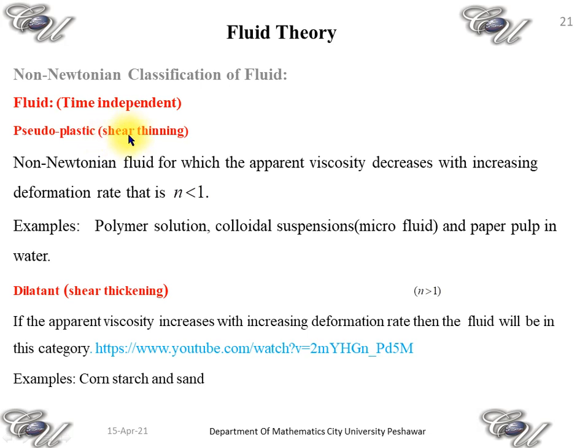Why do we call this shear thinning? When the shear stress is applied, its viscosity becomes thinner and thinner. I have given the example of paints. All paints behave like shear thinning, because when you apply the brush on the paint, it scatters.